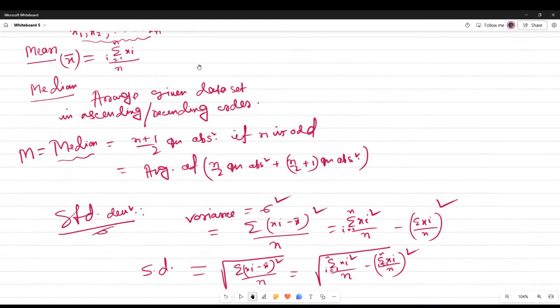I have to say something about the mean. In questions, they ask something like this: if each observation is increased by k. The same thing is applied for grouped frequency distribution also. So some properties we are going to learn. What are those properties?